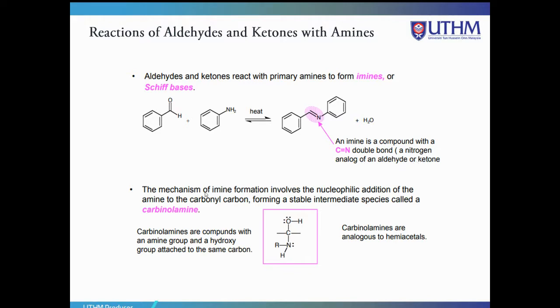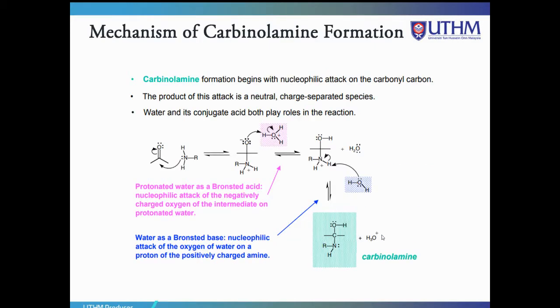The mechanism of imine formation involves the nucleophilic addition of the amine to the carbonyl carbon, forming an intermediate species called carbinolamine. Carbinolamines are compounds with an amine group and a hydroxy group attached to the same carbon. Carbinolamines are analogous to hemiacetals.